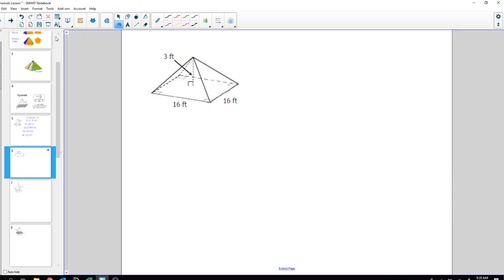Now this one here is slightly different because we still have a square pyramid, that base is 16 feet on all sides, but they give us the actual height. And we need, for our surface area formula, remember we want 1/2 the slant height times the perimeter plus the area of the base.